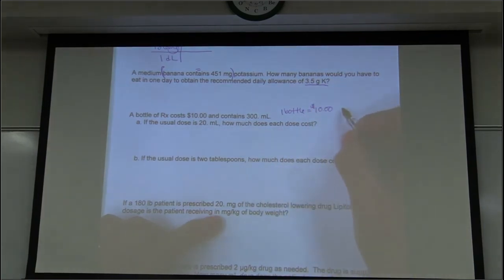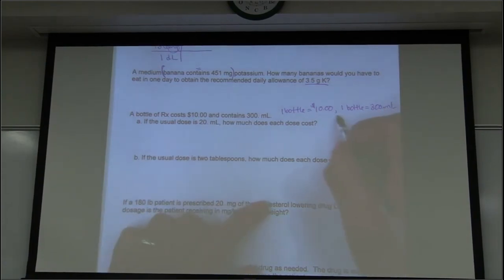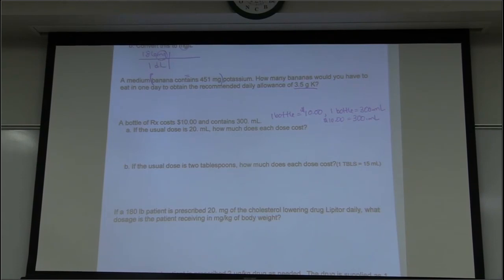What else can you say? One bottle equals 300 milliliters, and I'm not 100% sure, but I think I heard $10 equals 300 milliliters. Are those all possible conversion factors, depending upon what you need to find? Does that make sense?